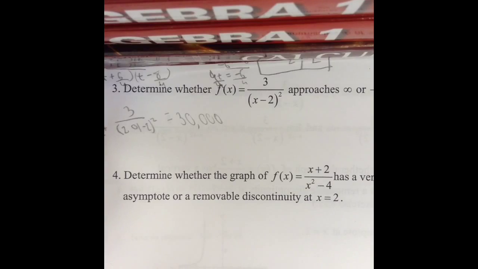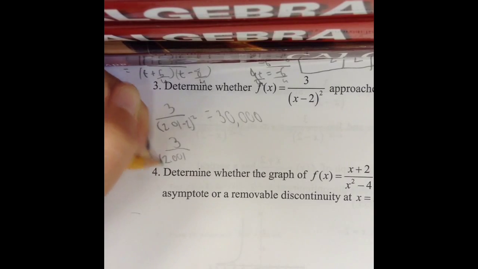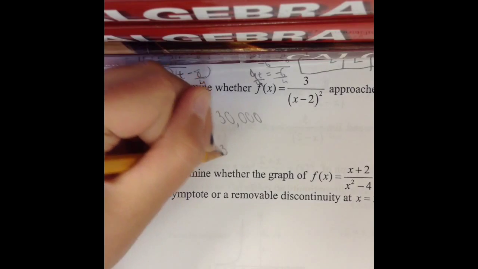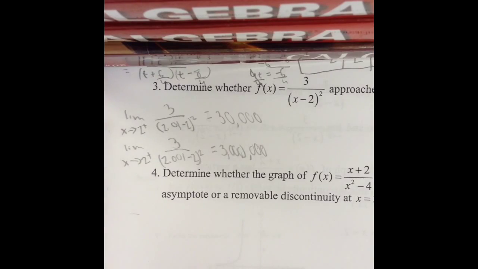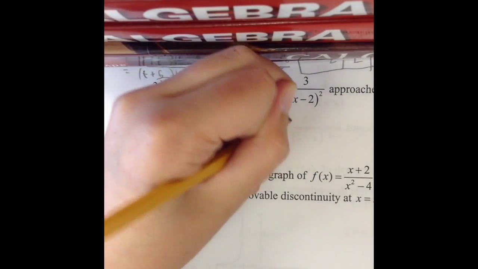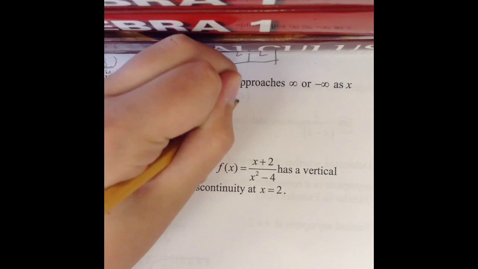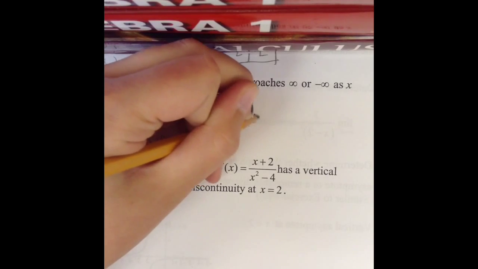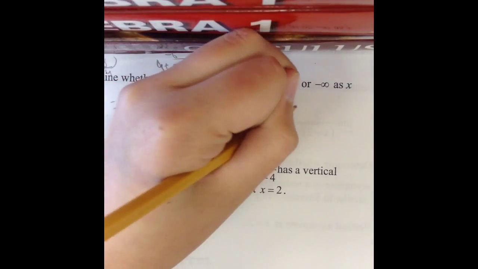And let's try that again. 3 over (2.001 minus 2) squared, and that will equal 3 million. So we know that at least as x is approaching 2 from the right, it will go to infinity. But let's try from the left. So our limit as x goes towards 2 from the left, 3 over (1.99 minus 2) squared equals also 30,000.